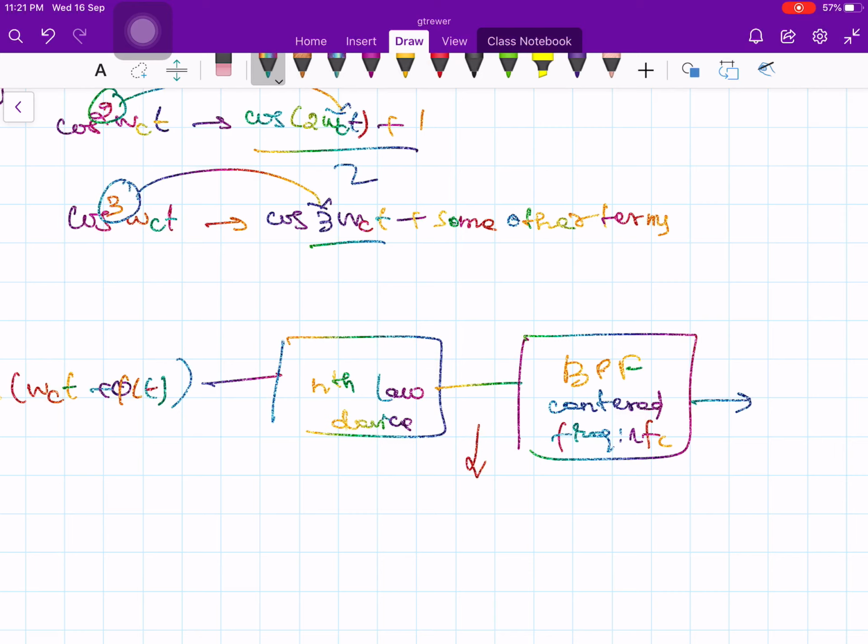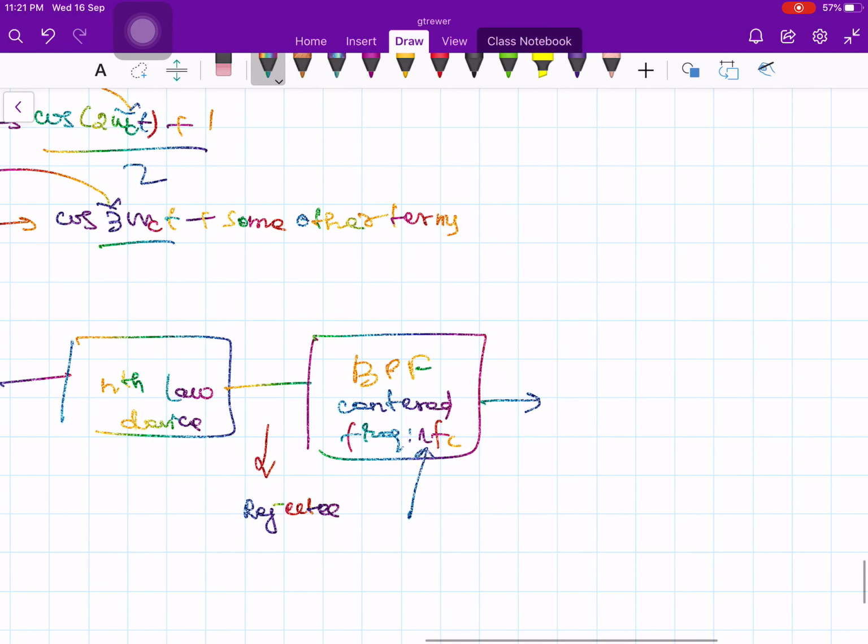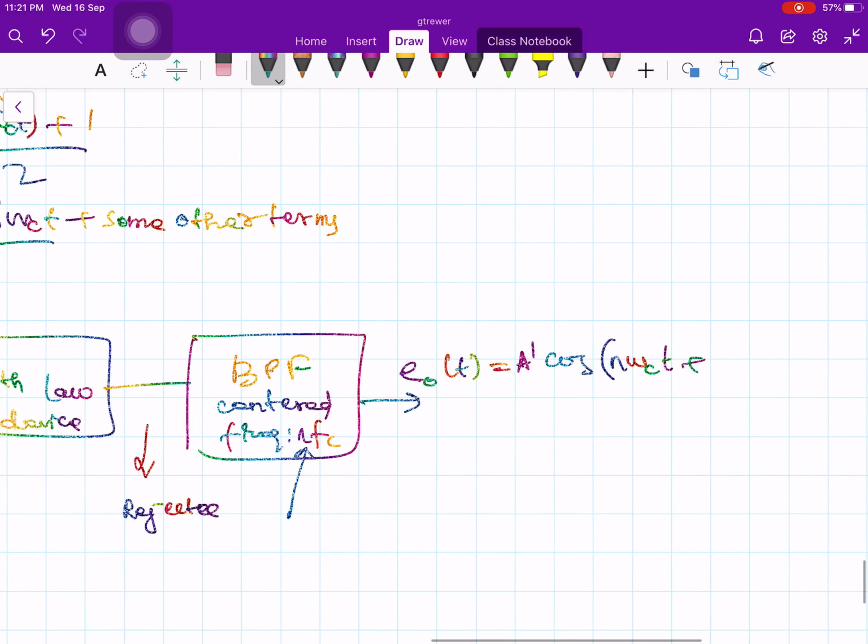All other components are rejected. This is the only component that we want at the output of the filter. Therefore E naught of t is equal to, let's say, a dash times cos of n omega ct plus n times phi of t.